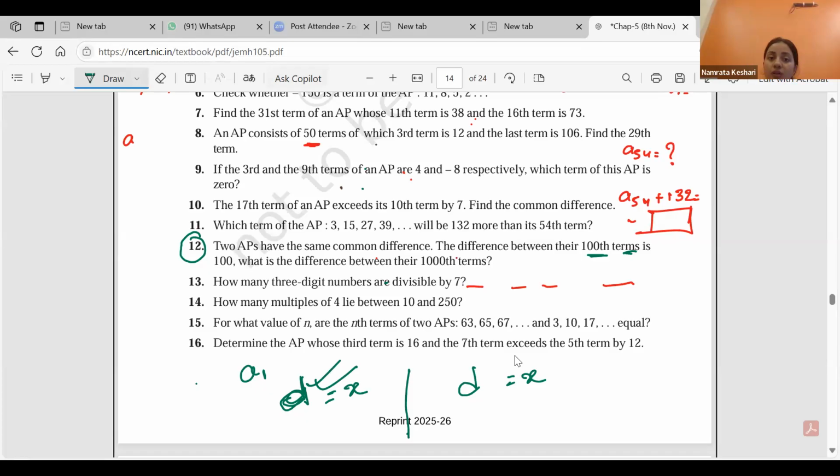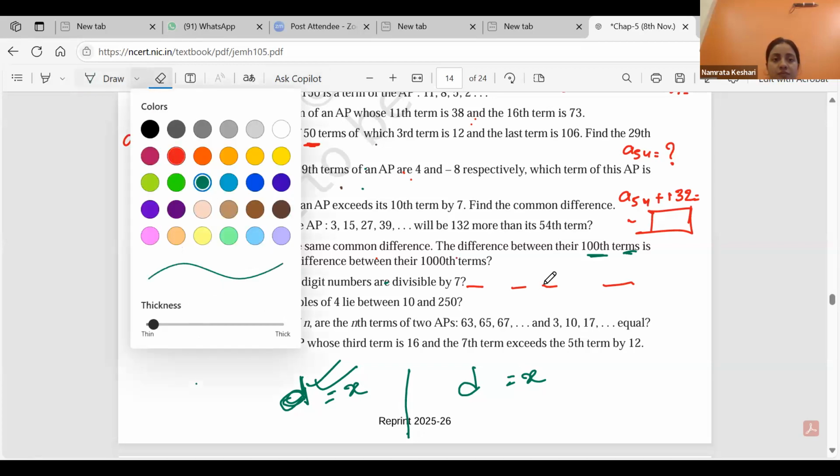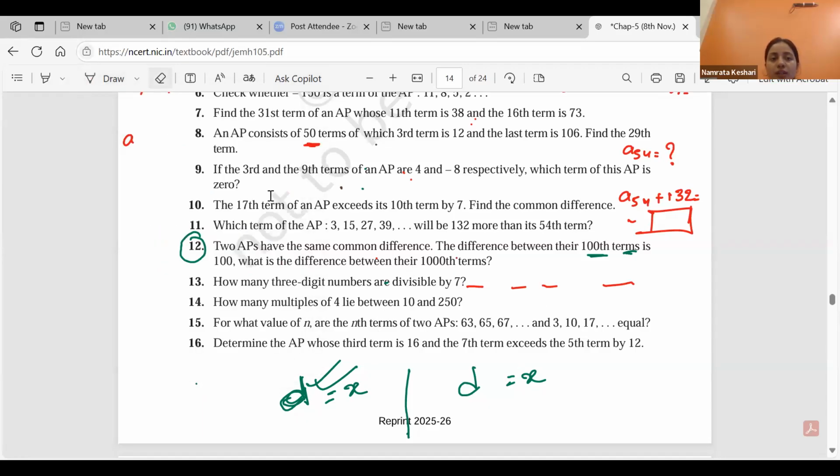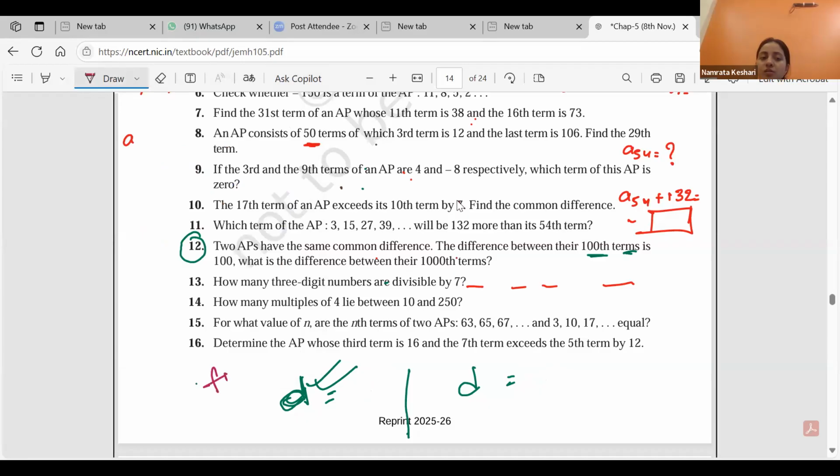Let's see. Let's keep the common difference as D in both cases. This XYZ we'll be using for assuming the first term. Suppose here the first term is X and here the first term is Y.